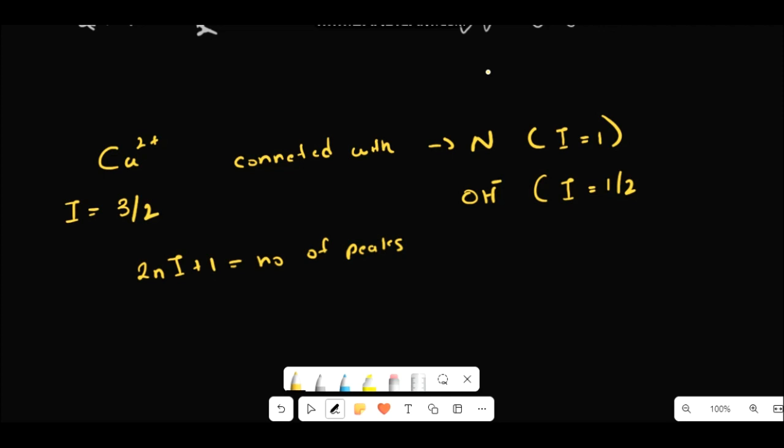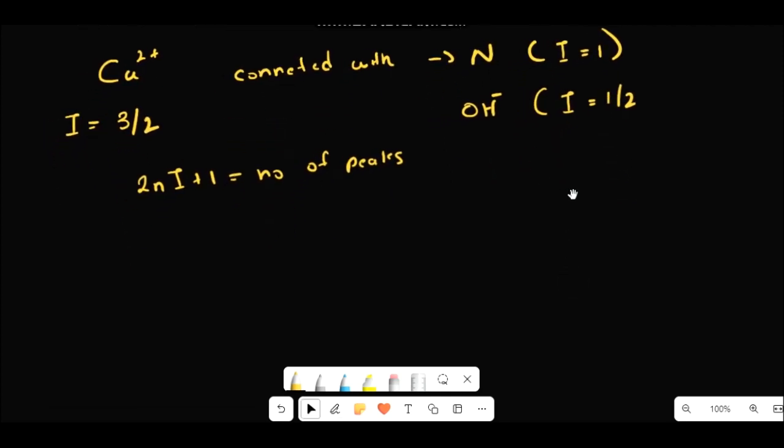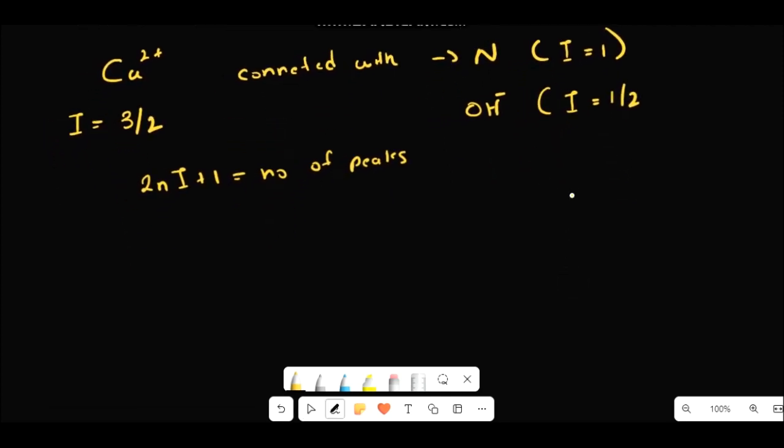Now you have to be very careful here. We have different kinds of nuclei, so we cannot use n equals 3 just because we have 3 nuclei interfering, because each nucleus is different, so we need to take them separately. First I will take copper 2 plus.